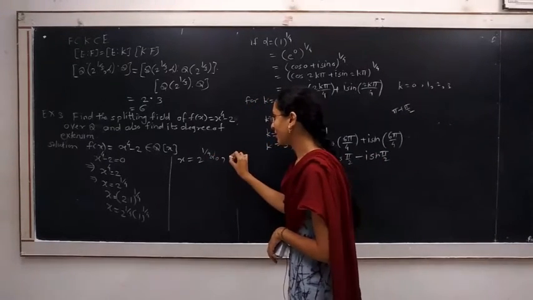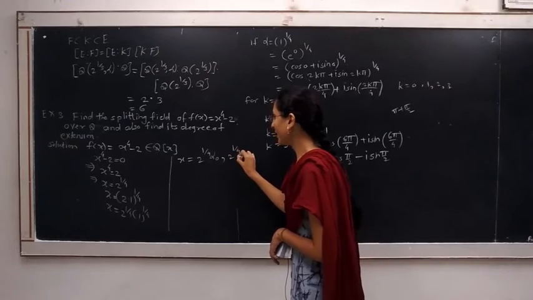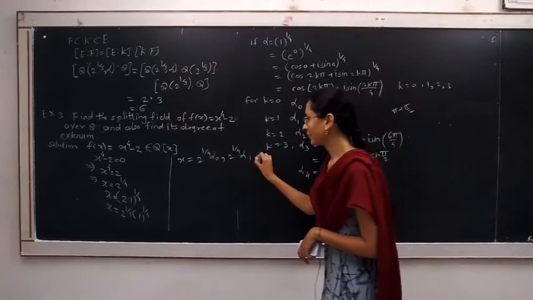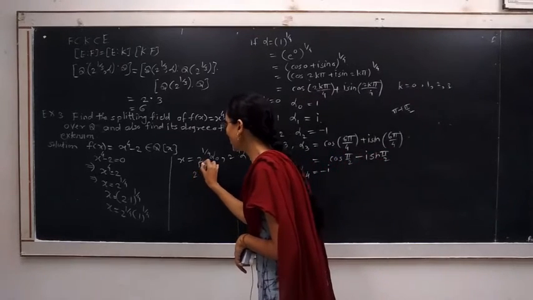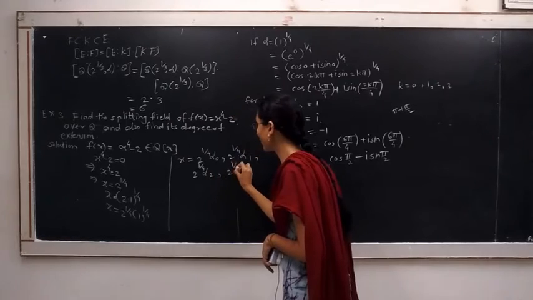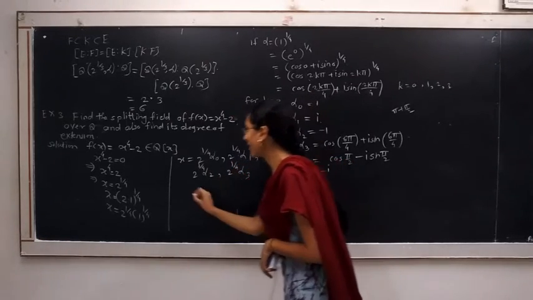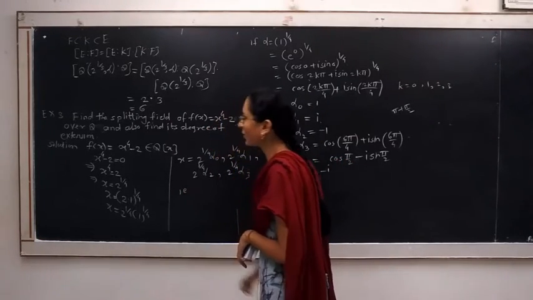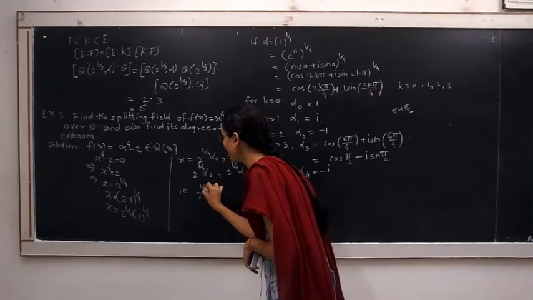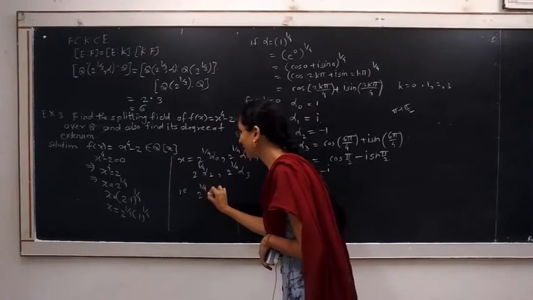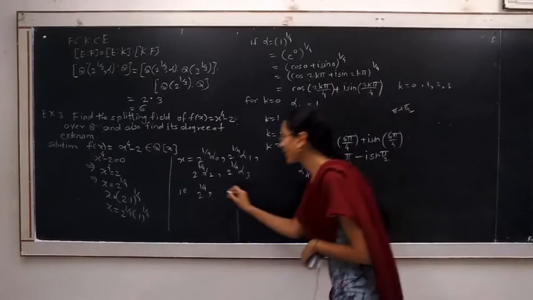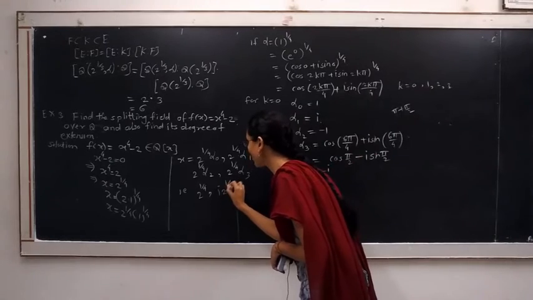The second root is 2 raised to 1 by 4 into the next fourth root of unity, alpha 1, then 2 raised to 1 by 4 into alpha 2, and 2 raised to 1 by 4 into alpha 3. That is, the roots of the polynomial f(x) are given by 2 raised to 1 by 4, since the value of alpha 0 is 1; 2 raised to 1 by 4 into alpha 1, whose value is i, means i into 2 raised to 1 by 4.